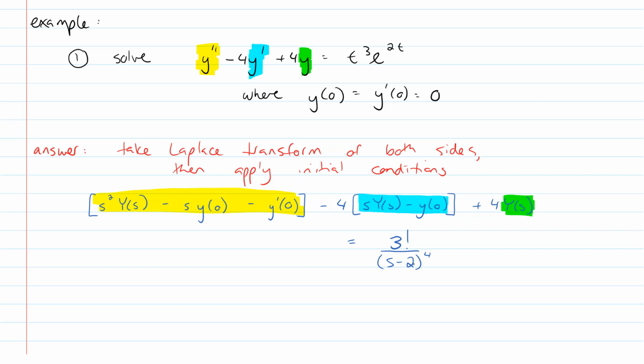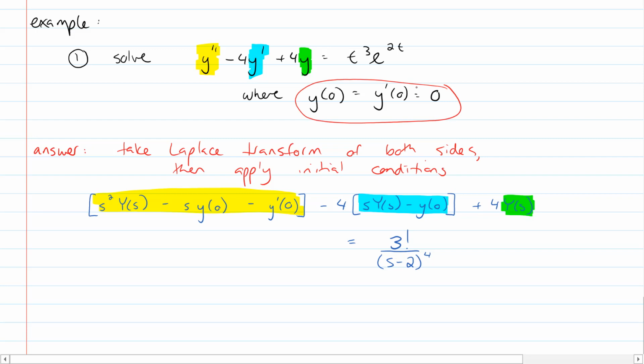Okay, so now that we've done that, we're going to also apply our initial conditions, where y of 0 is equal to y prime of 0 is equal to 0. That means we're just going to have a bunch of 0 terms. The y of 0 term goes to 0, the y prime of 0 term goes to 0, and another y of 0 goes to 0.